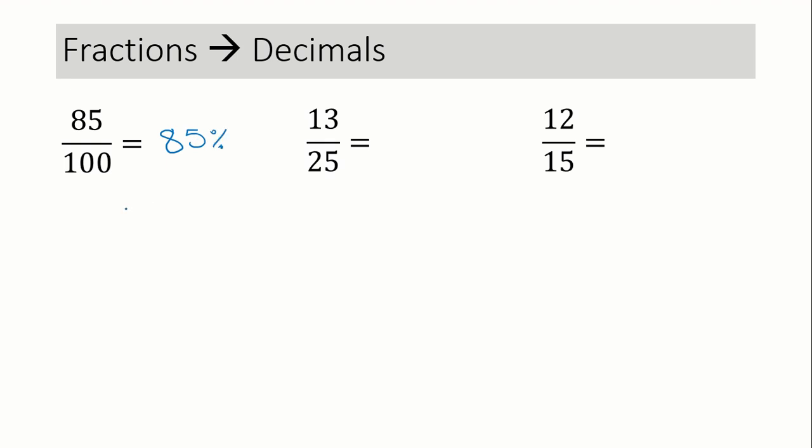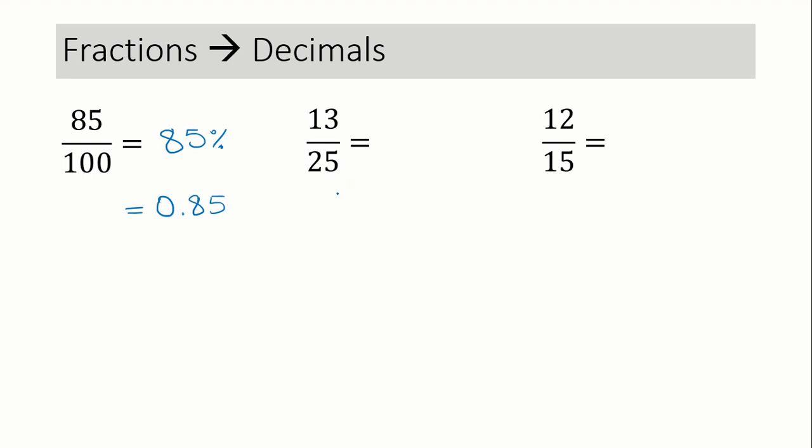And as we just saw a few minutes ago, when we go from percent to a decimal, we move that decimal where it currently is 2 positions to the left, and so we get 0.85.